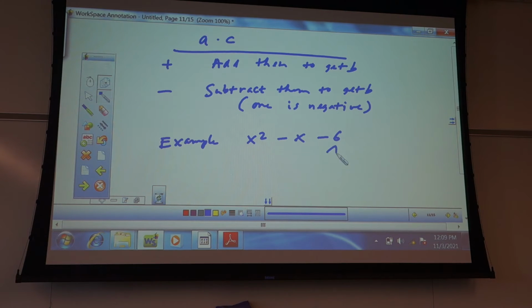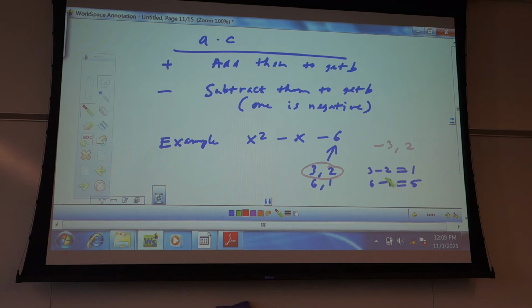Right, so factors of 6, that's 3 and 2, or 6 and 1. Since it's negative, I need to know that one's negative, one's positive. So 3 minus 2 is 1, 6 minus 1 is 5, so it's going to be these guys. It'll be negative 3 and positive 2. So we'll have x minus 3 times x plus 2.